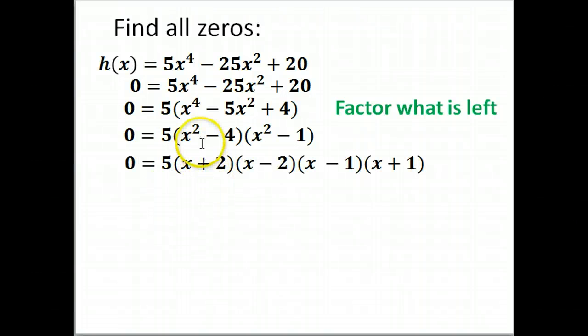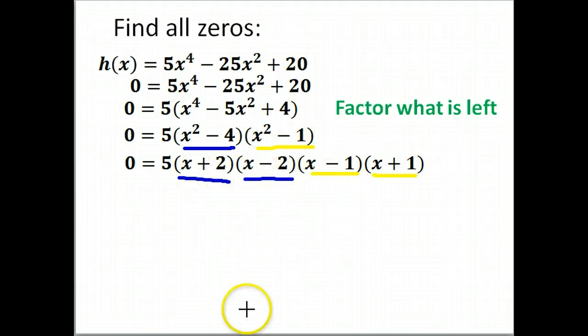This is what we're looking like here. This x plus 2 times x minus 2 all came from x squared minus 4, and this x minus 1 times x plus 1 all came from x squared minus 1. We just factored them all the way out. So now we have quite a few here. All right, let's erase that.